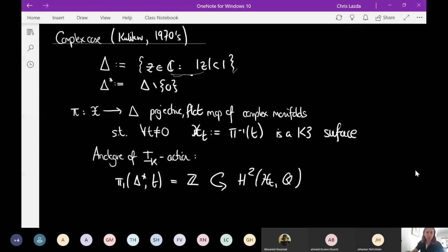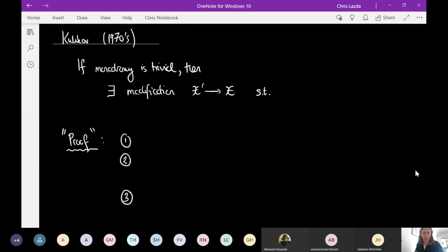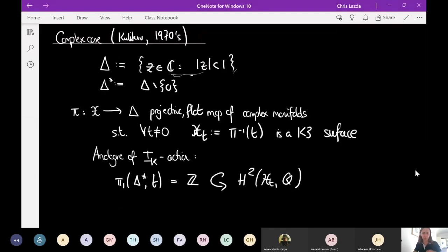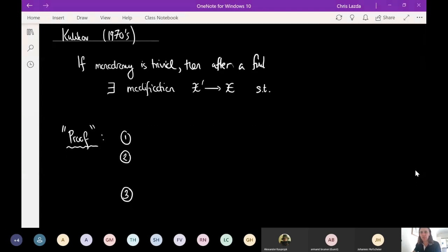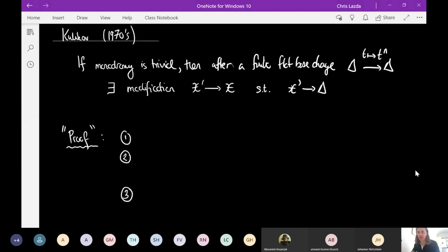And what Kulikov proved is that if this monodromy action here is trivial, then at least after making a finite flat base change of my disk, so I pull back via some map of the form t goes to t to the n, then there exists a modification of my family such that this modification is a smooth family of K3 surfaces.